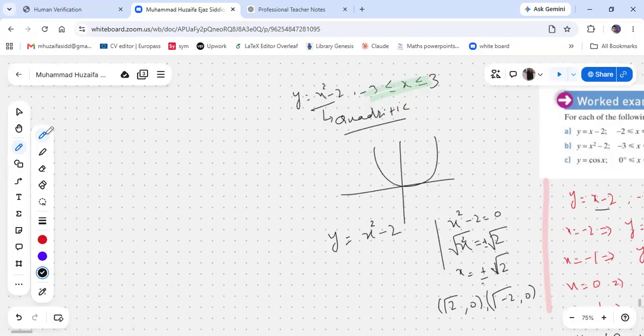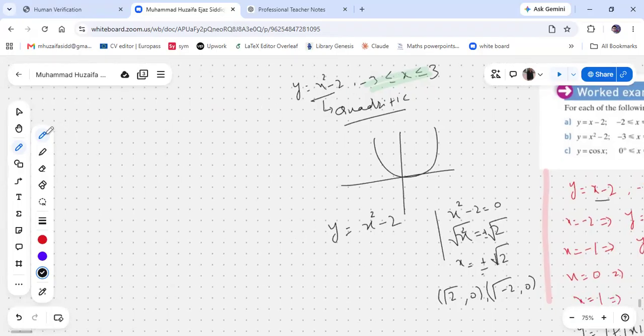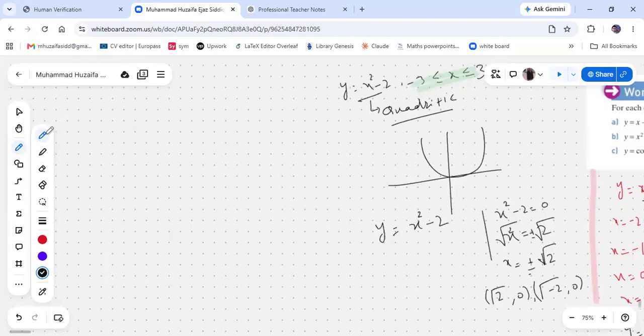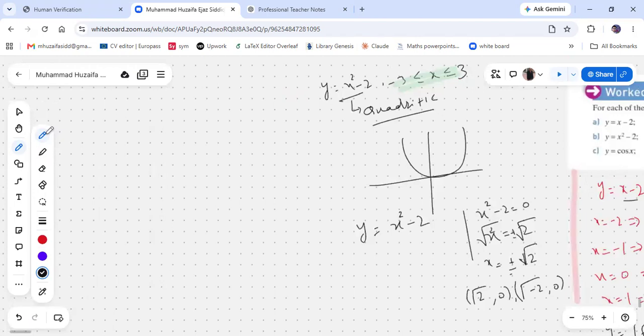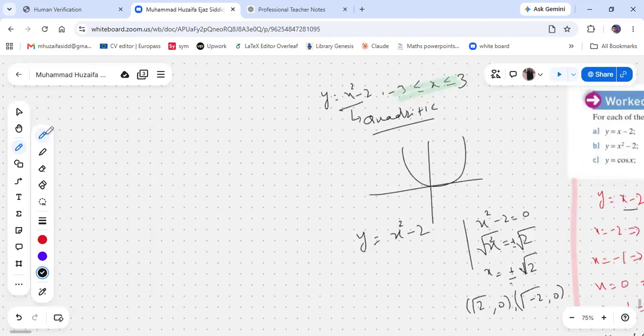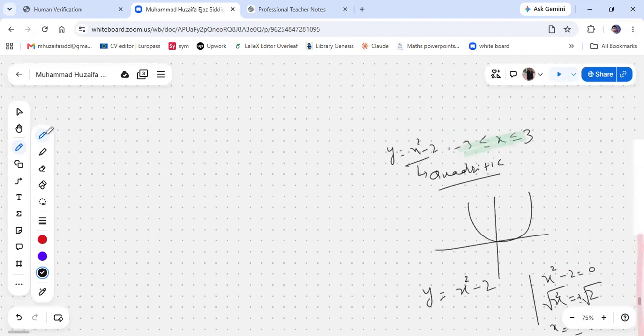First, I'm trying to find the domain points where the behavior of the function changes from positive to negative. So first of all, I'm finding these points. Now I'm making the function into the absolute value.